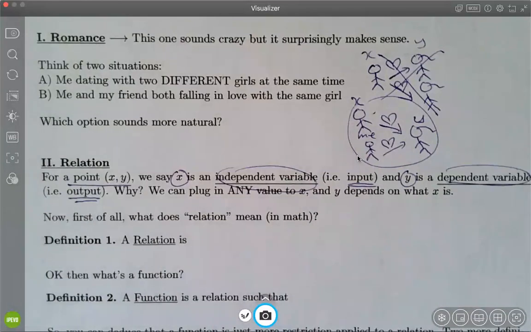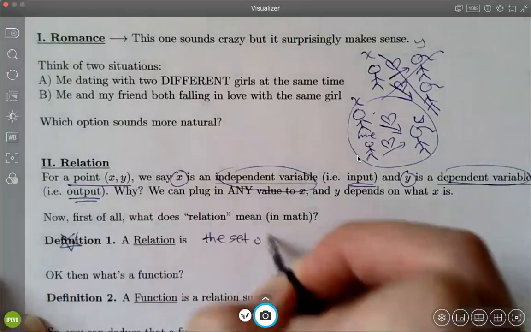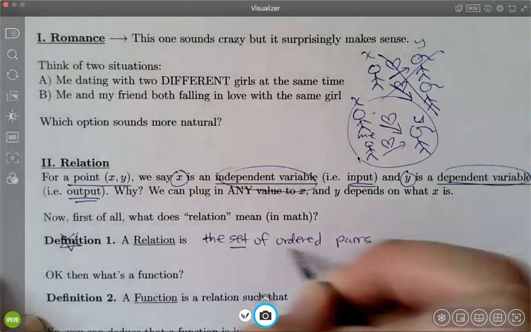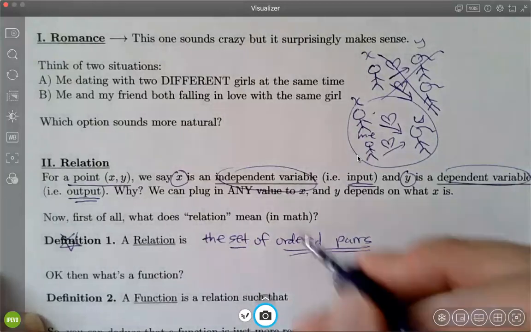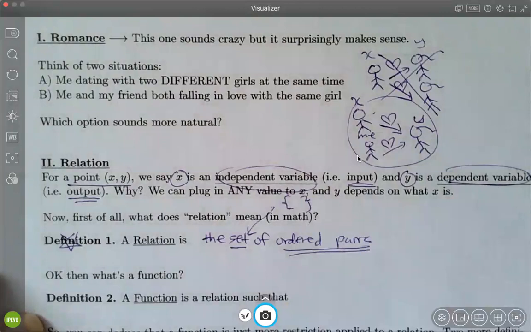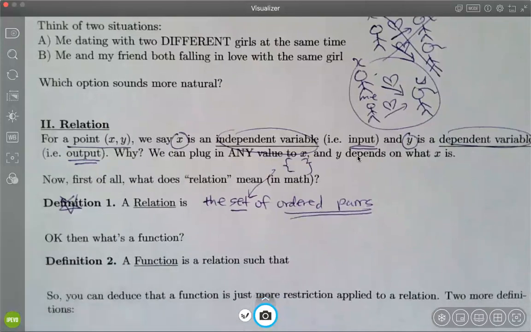Now, the relation, on the other hand, means the set of ordered pairs. Maybe you have seen this notation before. In math, we use this curly bracket thing for the set. Have you seen that? Basically it's the group or set of points. That's what the relation means. So now, what is the function then?